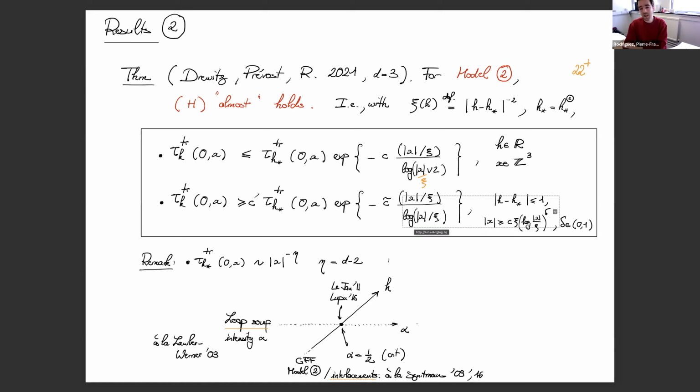It looks fairly innocent, but I'm about to tell you that from these two things, you can deduce, for instance, a scaling relation, which is Fisher's scaling law. And just for you to appreciate how good your estimate needs to be: if we had this lower bound here with an exponent delta which was not between 0 and 1, but say 1 or something bigger than 1, then already I couldn't infer the scaling relation.